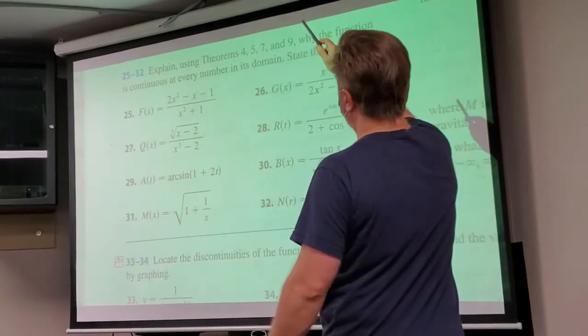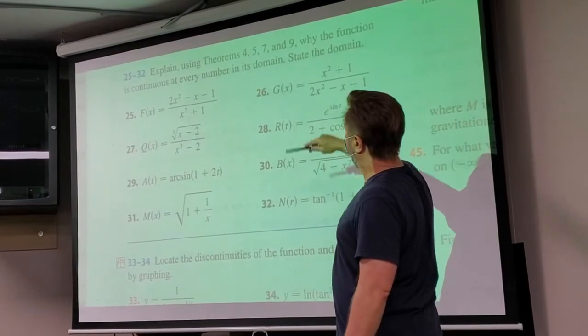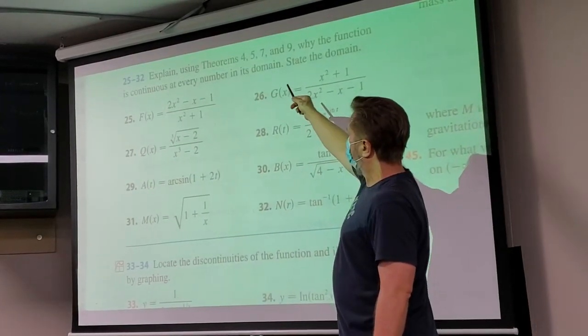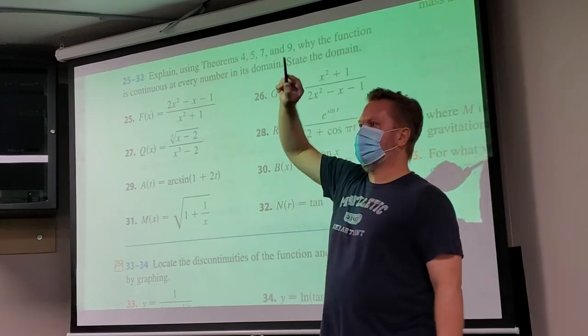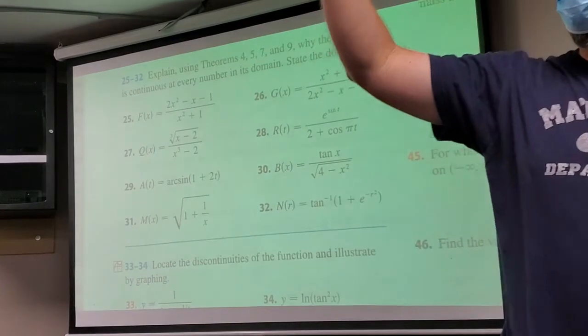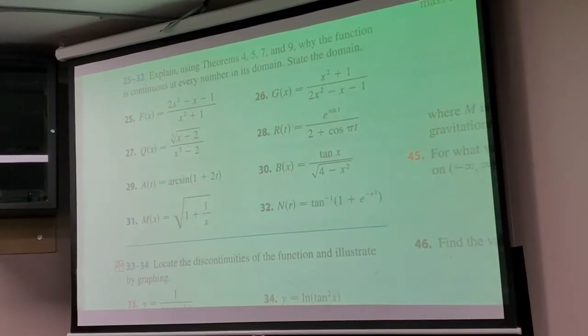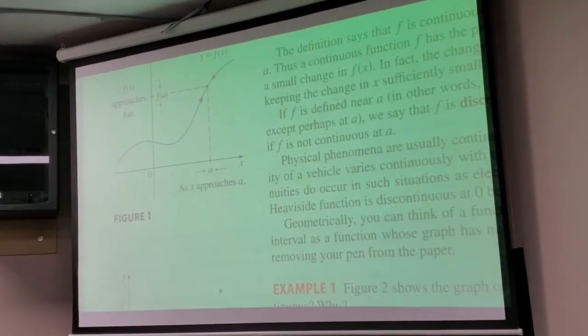So they got theorems 4, 5, 7, and 9. Why the function is continuous at every number in its domain. So those are all about which functions are continuous, what's true about f over g. So if you look at those theorems, let's see, where are you?